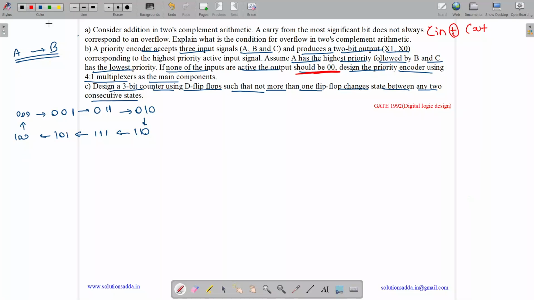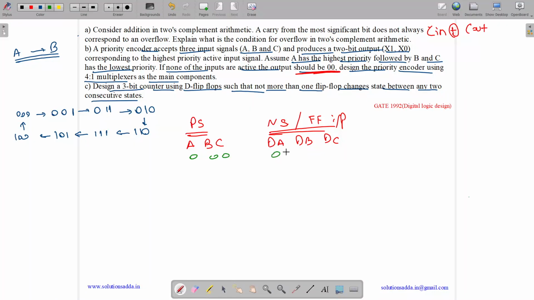So the table for this. This is a 3-bit synchronous counter. So we have present state and then we have next state, or we can say flip-flop inputs. Okay. So flip-flops are DA, DB and DC. And present state is ABC. So we will fill the same. If present state is 000, what's the next state?